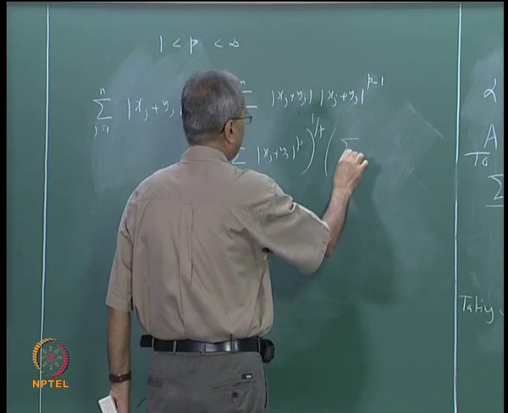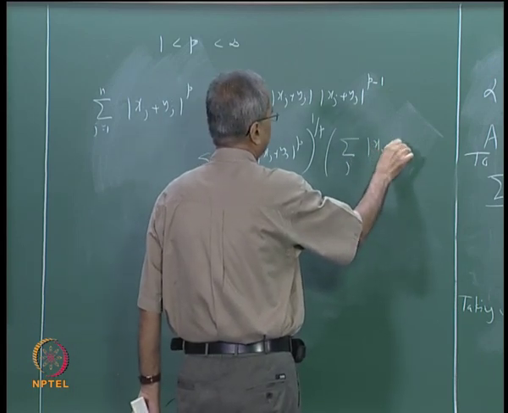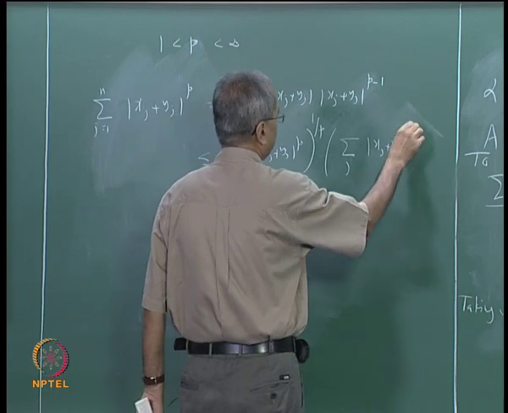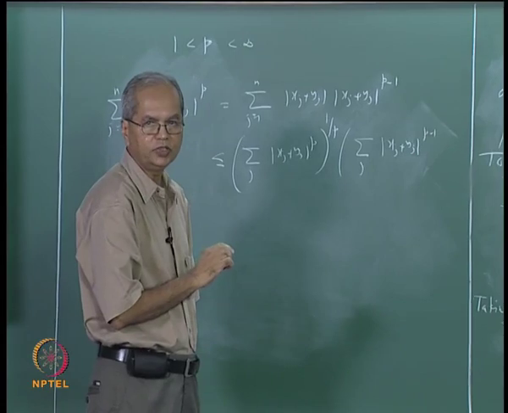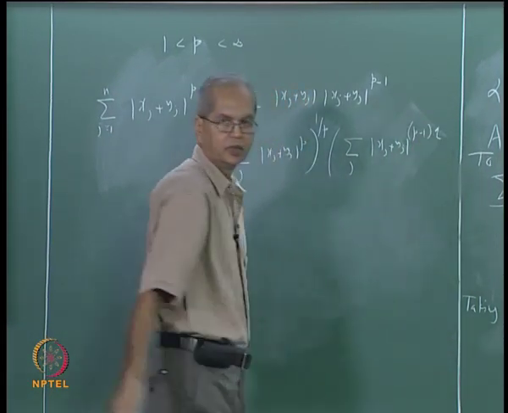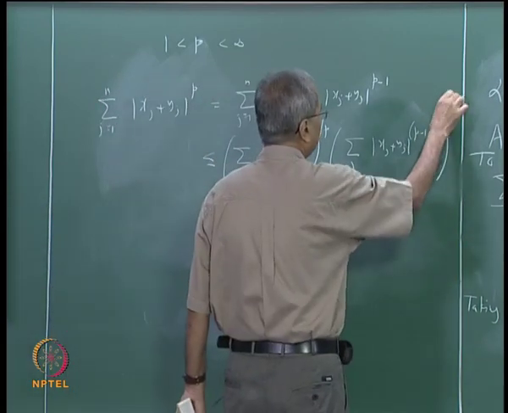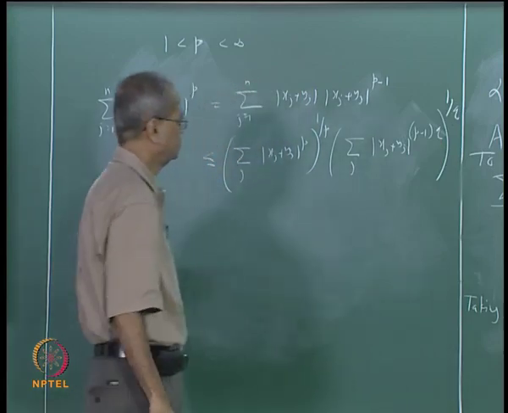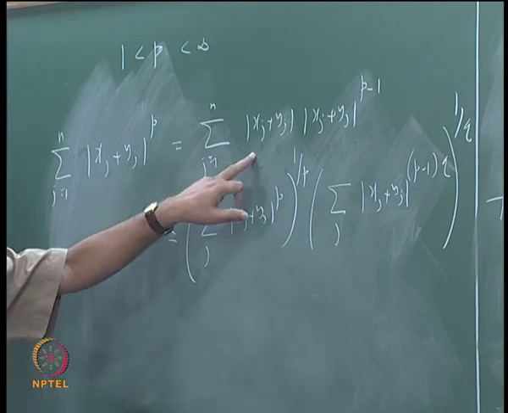Again sigma over j of mod xj plus yj to the power p minus 1, and we have to raise this to the power q, so it is p minus 1 into q, and then this whole thing raised to 1 by q, by applying Holder's inequality.